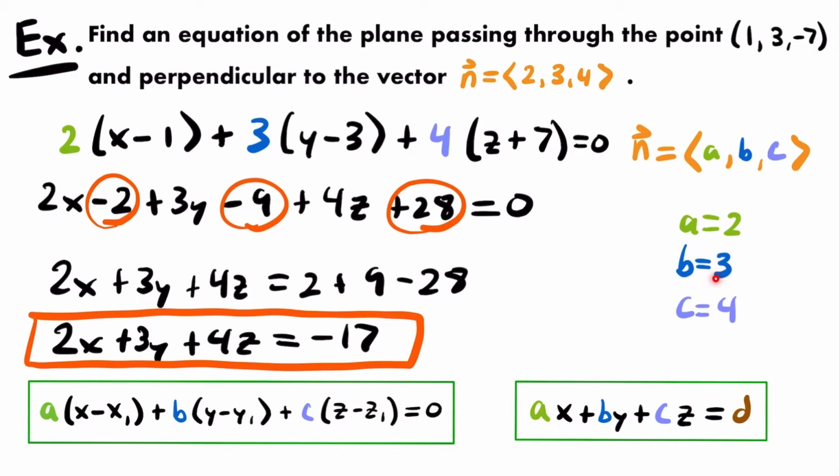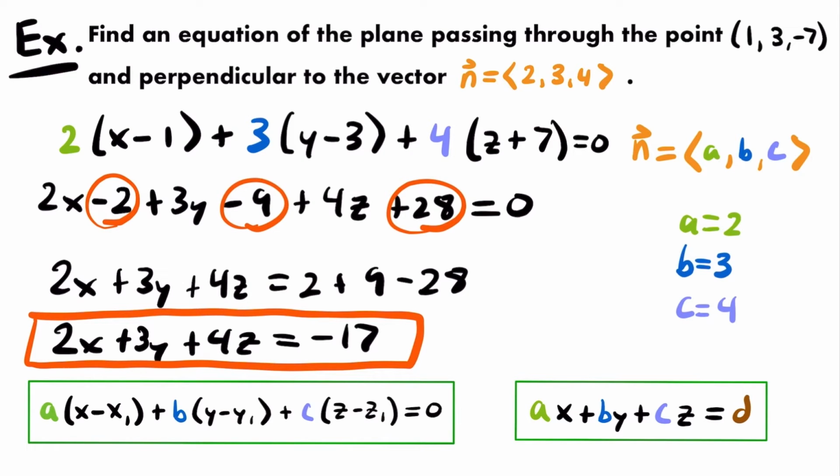B was equal to 3, and we have plus 3y, and then we have plus c times z, and c was equal to 4, so we have 4z, and that's equal to some constant value d, which in this case is -17. Okay, and so that's how we find an equation of a plane given a point that's on that plane and a vector that it's perpendicular to.